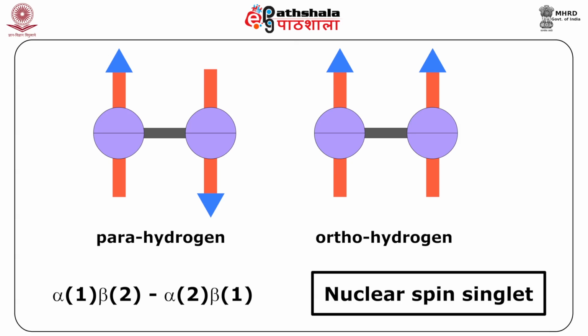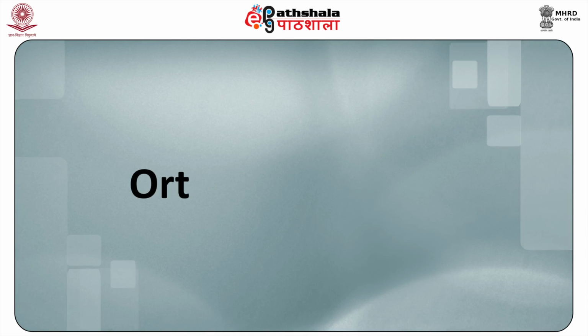This can be upward or downward, as shown here. If it is upward, we call it alpha and that is plus half, and if it is downward, we call it beta and this is minus half. Now, what are ortho hydrogen molecules and what are the hydrogen molecules in the para state?